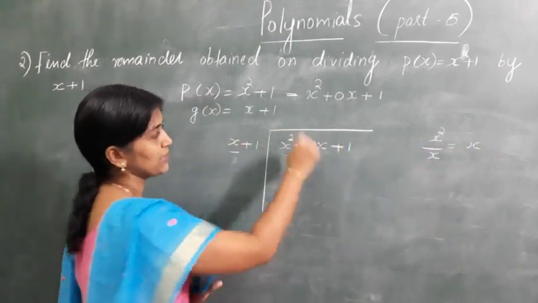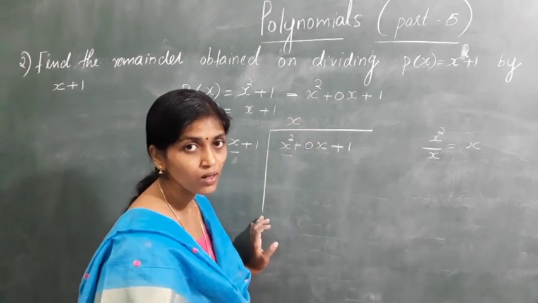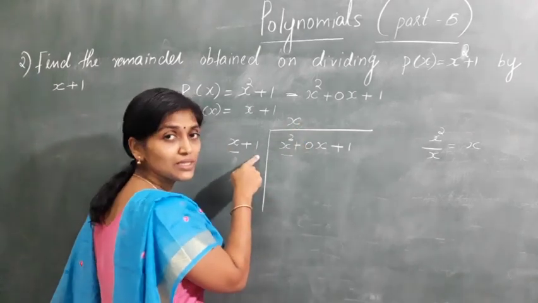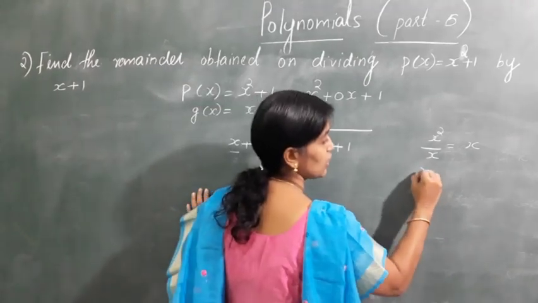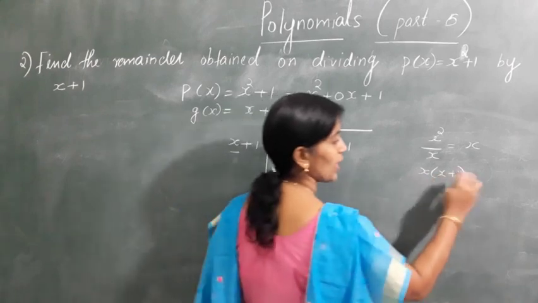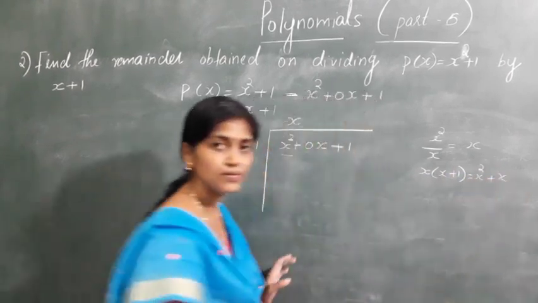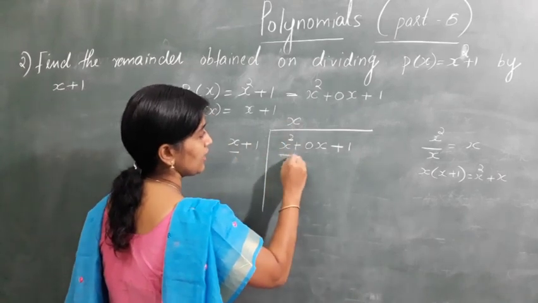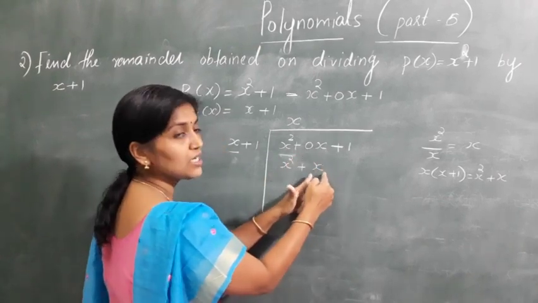That will be the first term of the quotient. What was the next rule? Take this term in the quotient and multiply with all the terms in the divisor. x into x plus 1: x into x square, x into 1, x. You will get a term here, x.